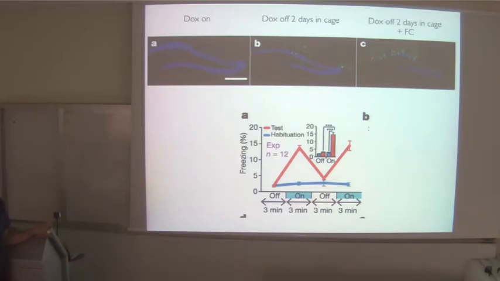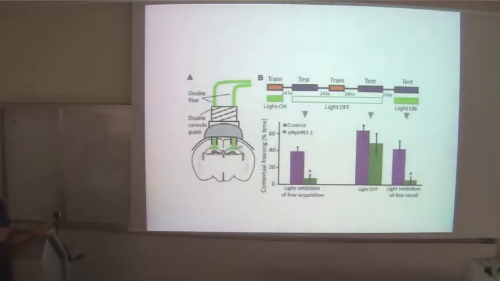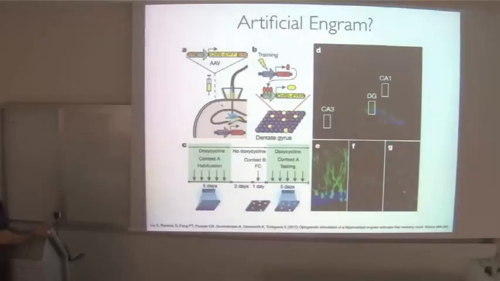I'm a bit confused, because your interpretation is that this is the memory trace, and I could suggest this is just a pathway. But the difference between that and what we've seen in this paper is that here you really activate it. It's not that you block it, you activate the neuron. Yeah, it's a pathway.